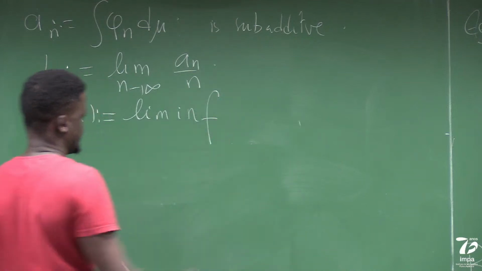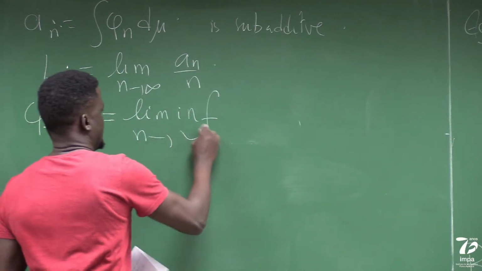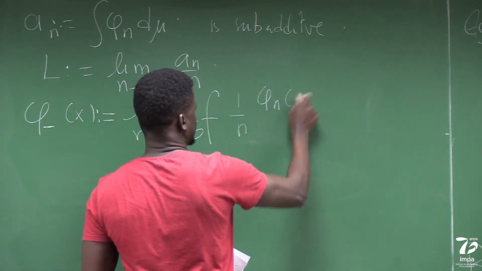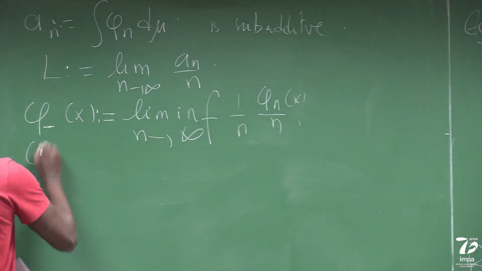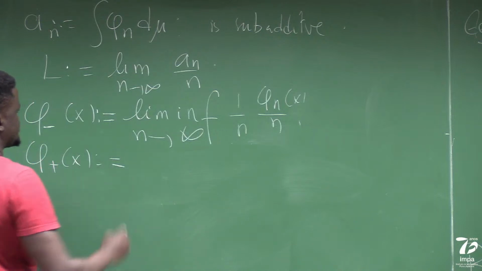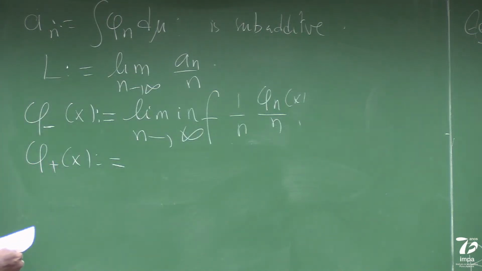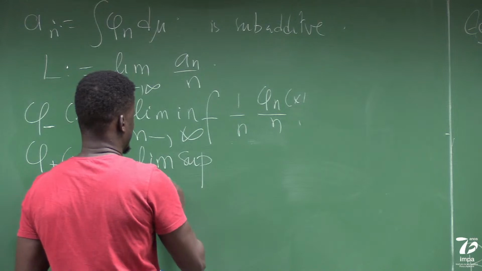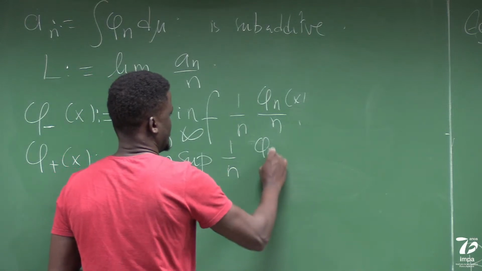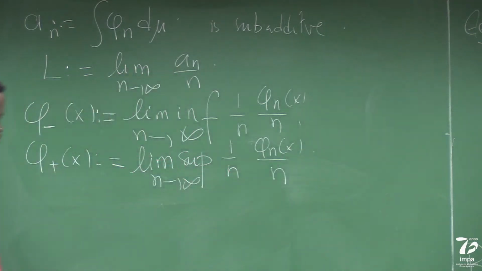So the lim inf exists and is measurable, of 1 over n, phi n x, and also phi plus x equal the lim sup. So as you can see, the proof consists of proving that these two are the same and their integral is exactly L. Okay, so that's what we are going to do.